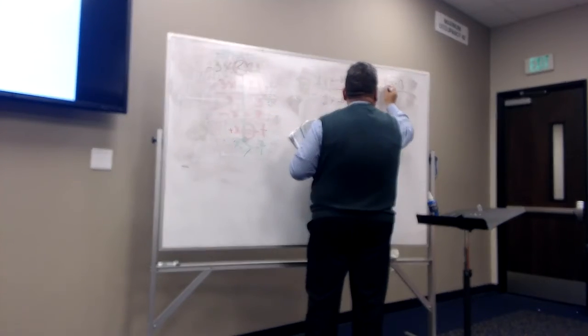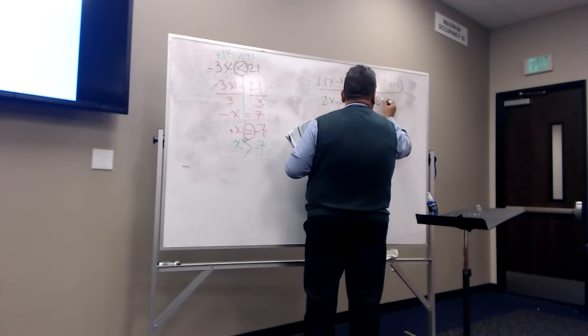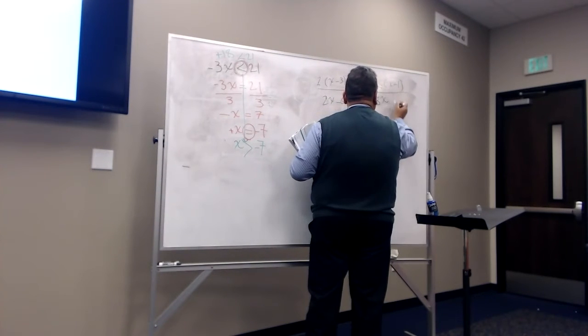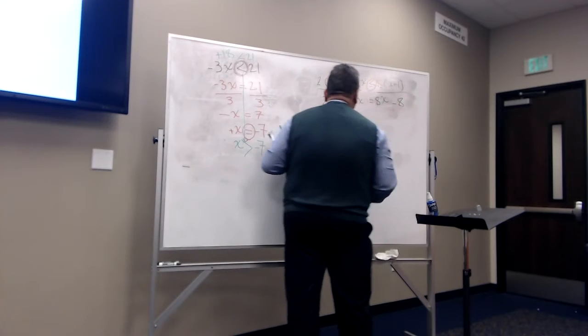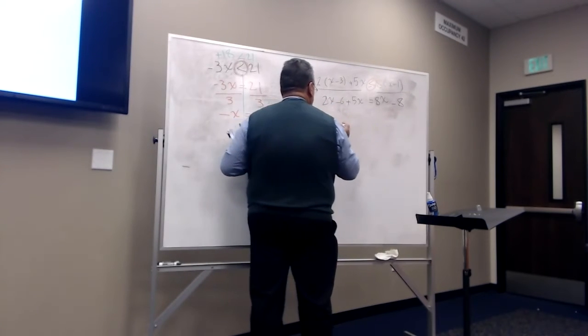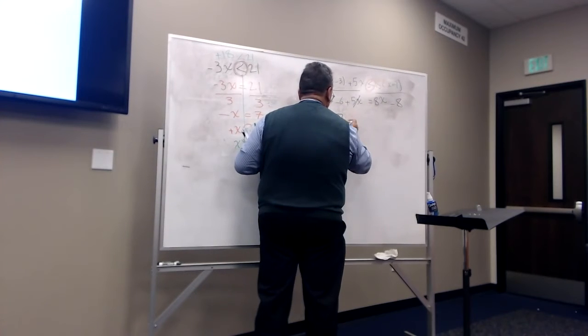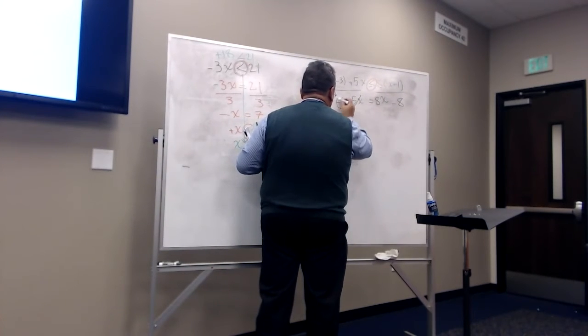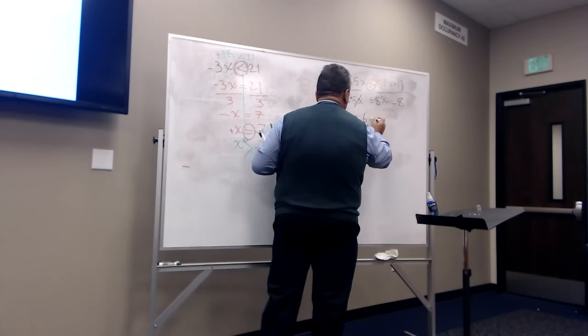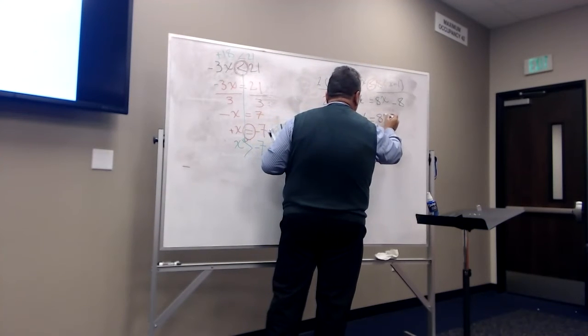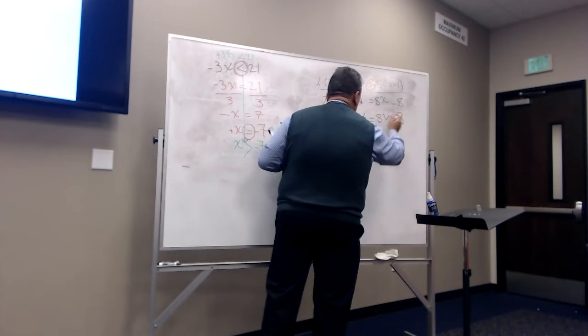And here, 8 times x, 8x, 8 times minus 1, minus 8. Add the like terms, 2x plus 5x, 7x minus 6 equal to 8x minus 8.